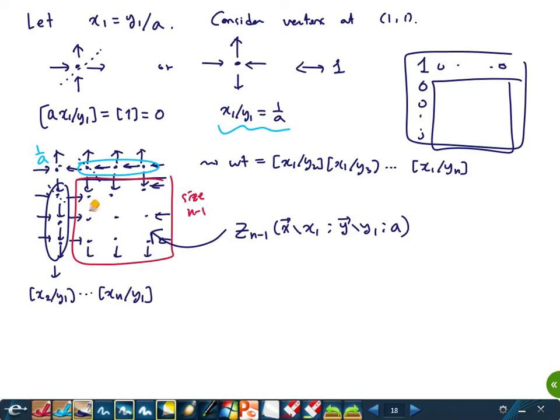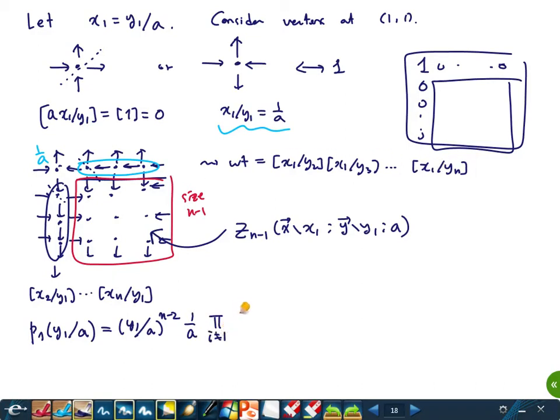Alright, so what do we have now? P1. So if you plug in P1, we just plug in this thing. This is equal to the product of all these weights, which is y1 over a to the n minus 2. This is just the definition of P1, and we have to multiply these weights, 1 over a, and the product. What is the product of this?